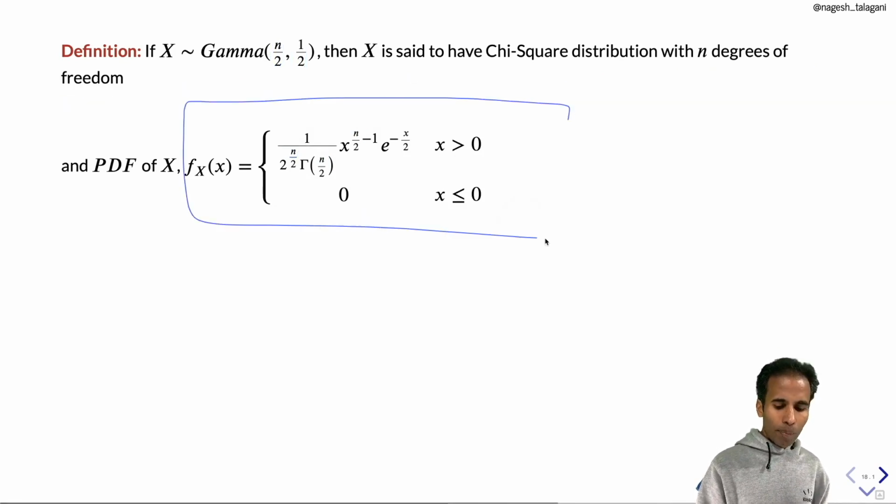So this is the PDF of chi-square distribution with n degrees of freedom.